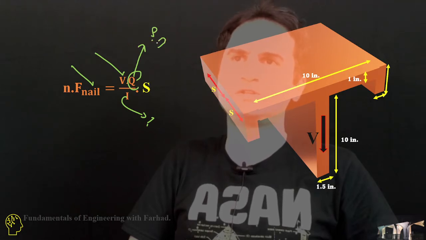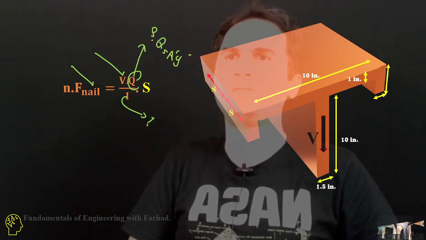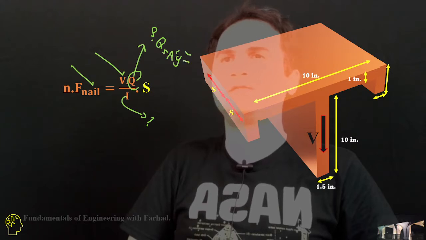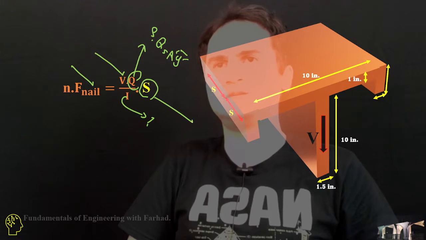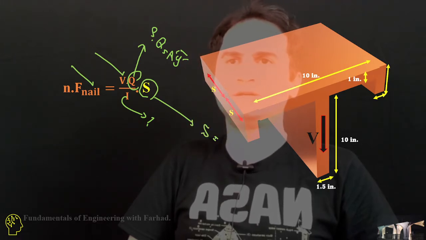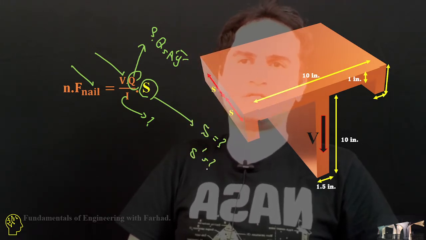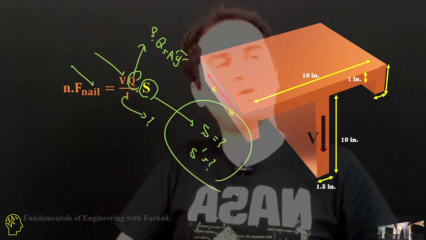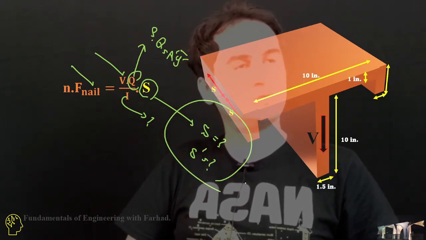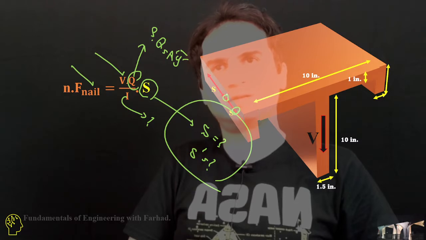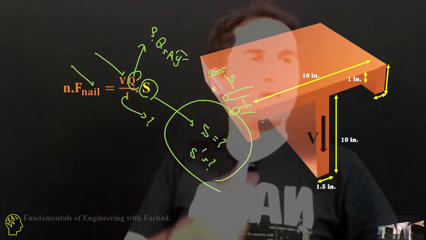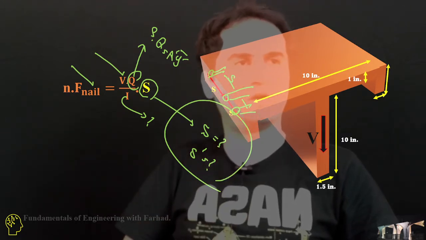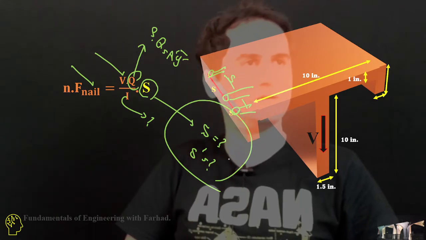Q, the first moment of area, is equal to A prime times y bar prime. We need to calculate this one as well and then replace in the formula to get the spacing of nails, to know how those nails should be apart from each other to handle the shearing force on the attached part.